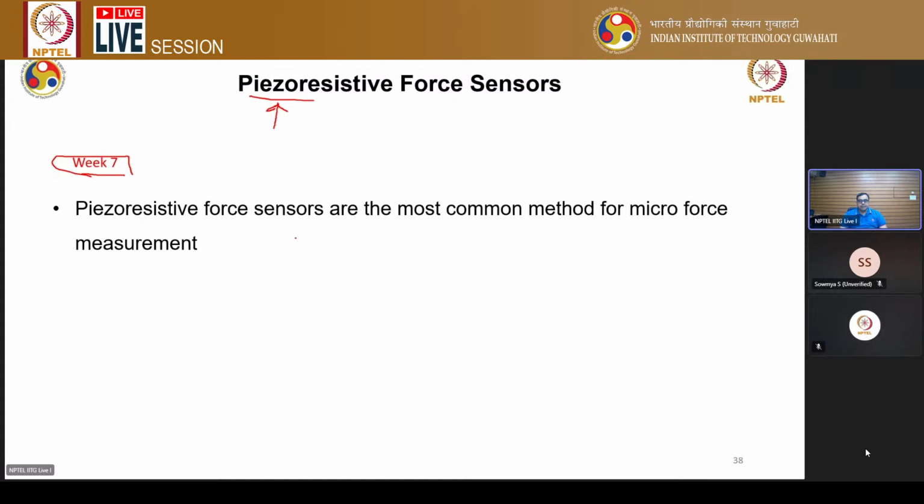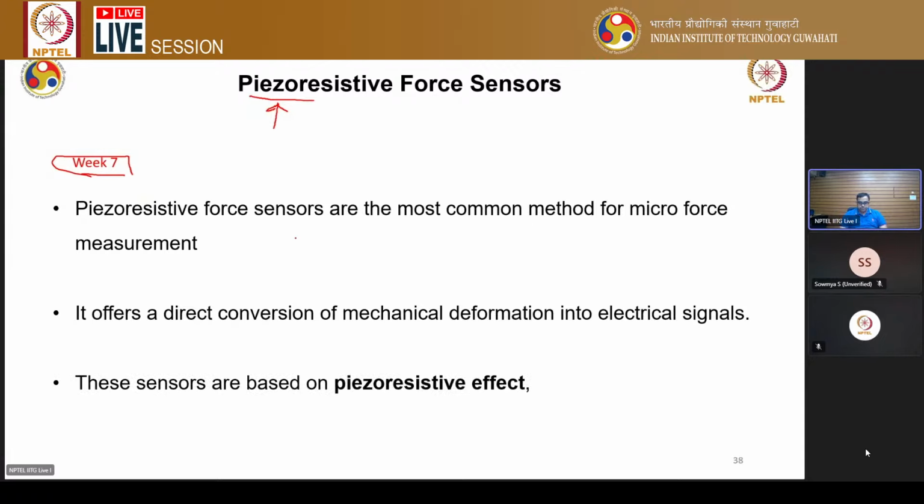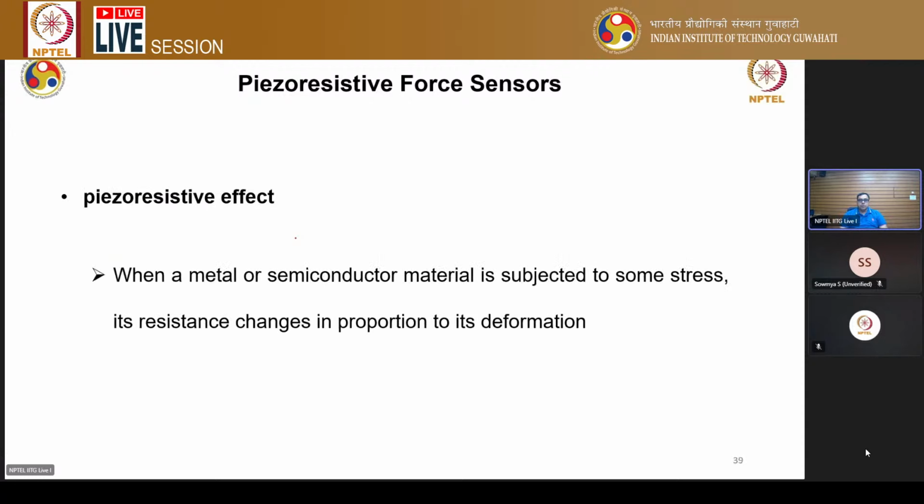This is the most common method for microforce measurement, and it offers a direct conversion of mechanical deformation to electrical signals. These sensors are based on the piezoresistive effect. When a metal or a semiconductor material is subjected to certain kind of stress, its resistance changes in proportion to the deformation. This is exactly what the piezoresistive effect means.